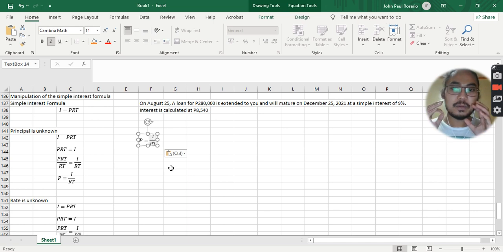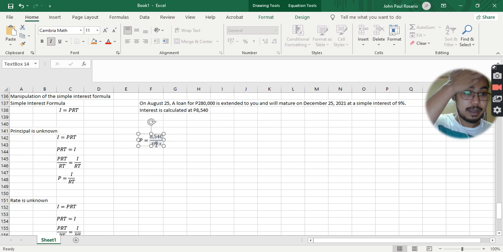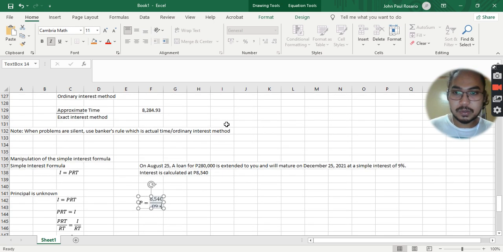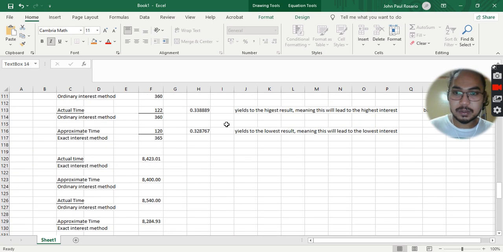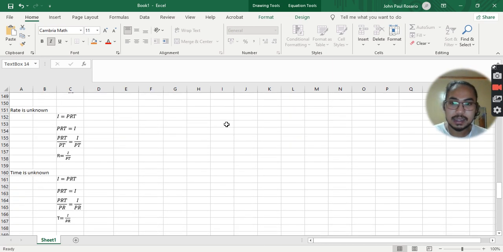So our interest here again is 8,540. Our rate is 0.09, multiplied by our time here, again the problem is silent, so we use banker's rule. The base in banker's rule is 122 over 360.